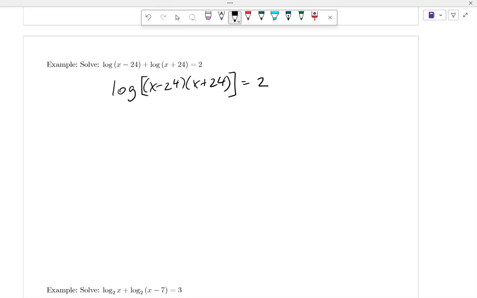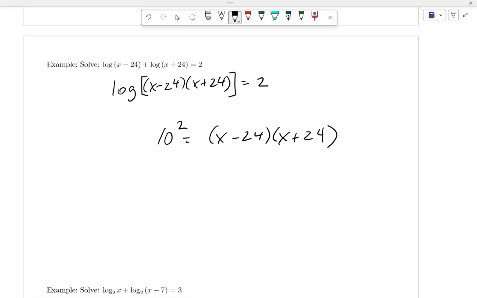Well, when you see no base, what's understood to be the base? 10. Good. So how do we rewrite this then? 10 squared equals the inside, right?